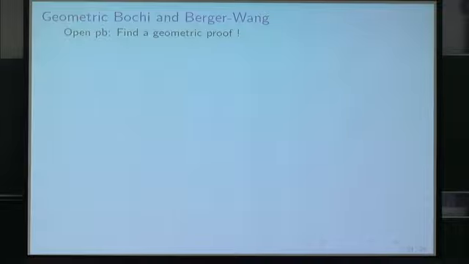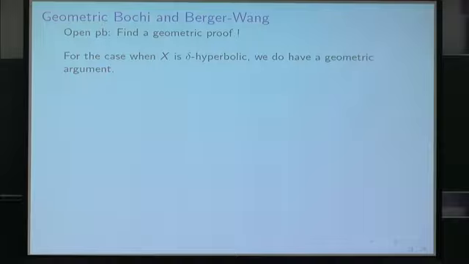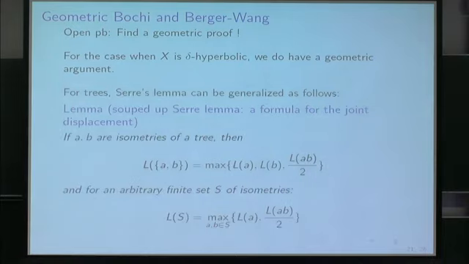That's the question. Can you do this for an affine building? Should be. Of course, for delta-hyperbolic spaces, we do have a geometric proof, and as Indira said this morning, the proof is a quasification of what you can do on a tree.